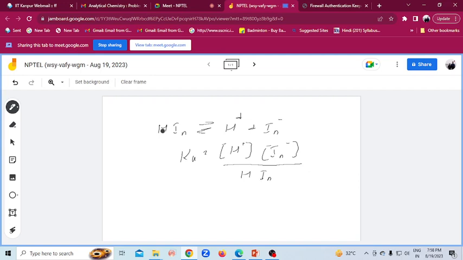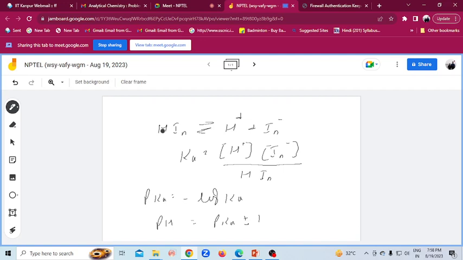By this way we can also calculate pK, which is minus log of K, and the indicator range is generally pK plus minus 1.